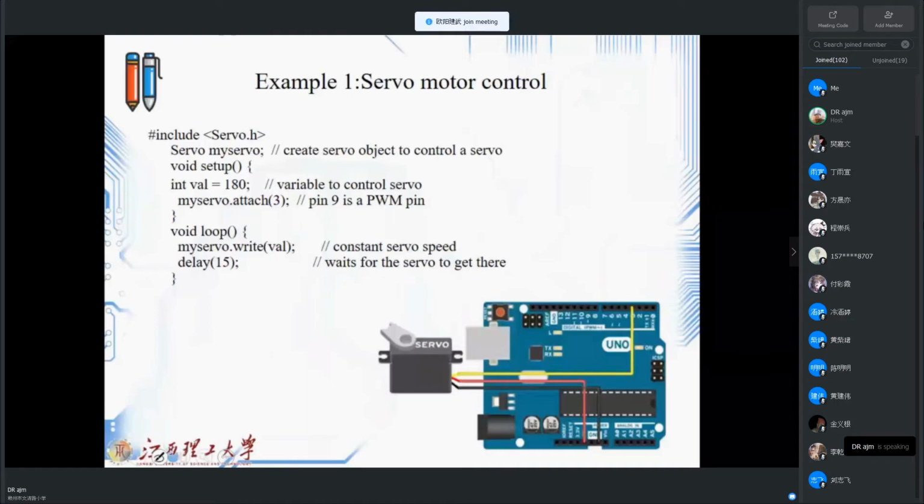You just need three pins: one is VCC, one is ground, and one is the control pin, which can connect to a PWM pin on the Arduino. With the Arduino library, it's very simple to control the servo motor, and we can do lots of fantastic jobs with that.